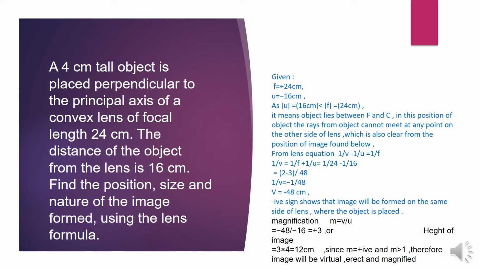So you get 1 by 24 minus 1 by 16. Solve it. You will be getting V is equal to minus 48 centimeter. What does it mean? It means that the image will be formed on the same side of the object.